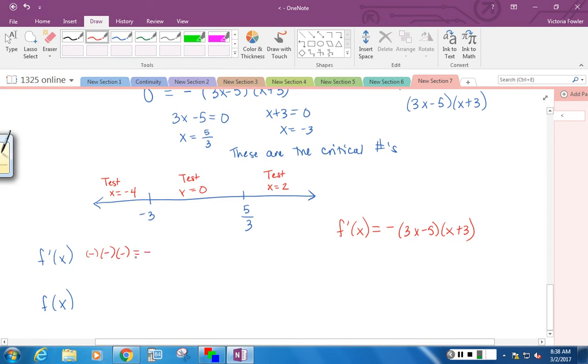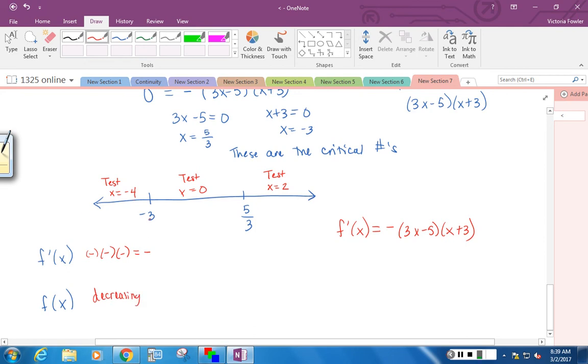So I get an overall negative. That tells me that f prime is negative for anything I would test back here, like -5, -100, -1 million. It says my derivative would be negative. Now if I recall, derivative being negative would mean a line with negative slope, which meant that my function was decreasing. So over that entire interval, my function is decreasing.